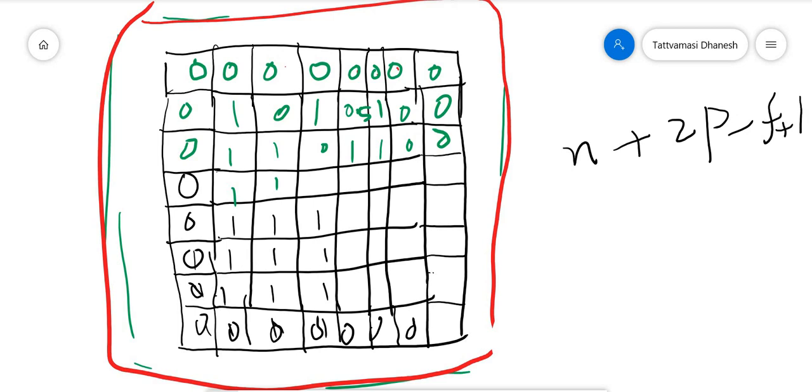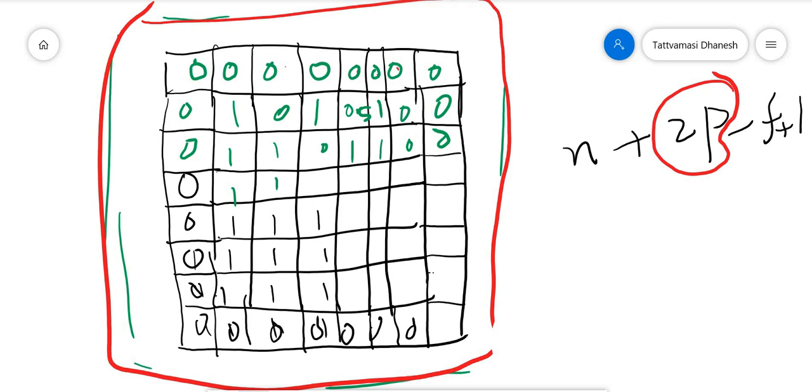One more term, 2p, will come. Previously it was n minus f plus 1; here it is n plus 2p minus f plus 1. If padding is 1, you will put 2 into 1.